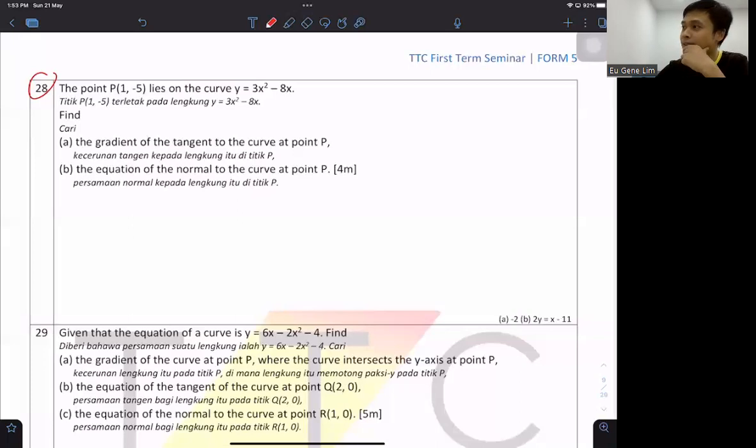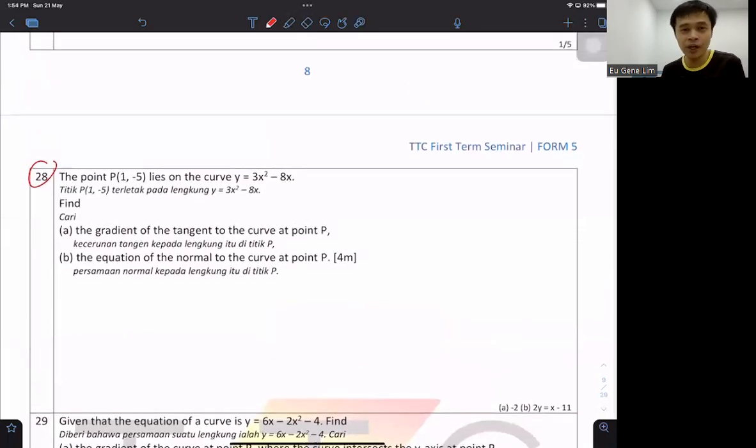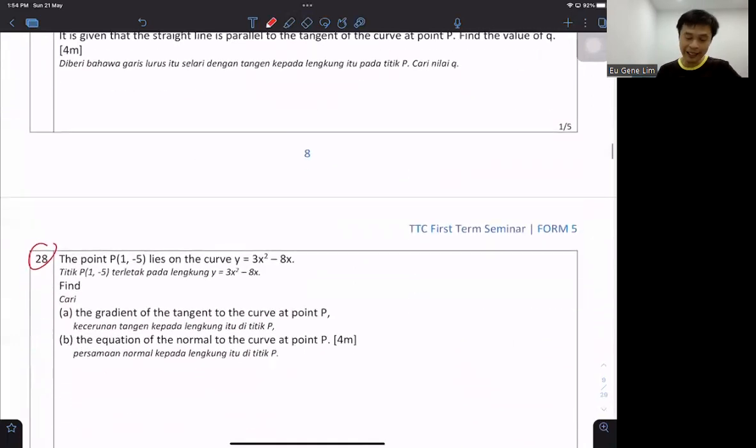Then just now you learn limit also, right? So now this one is tangent and normal. For tangent and normal questions, you copy some notes first. Okay, I give you some notes.